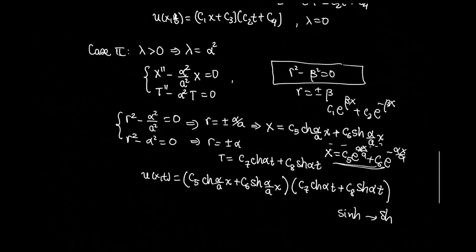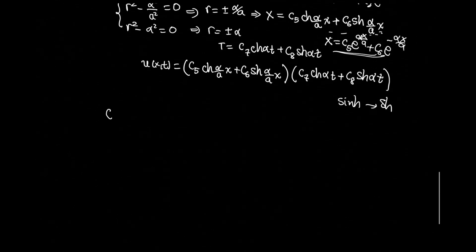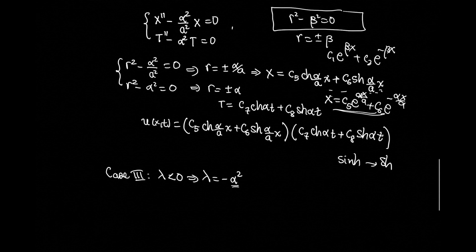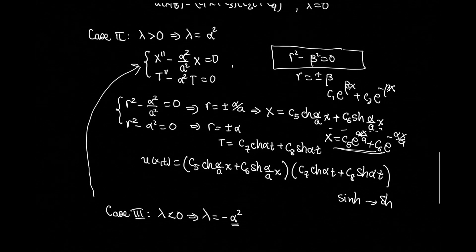Then for case 3, lambda is a negative number. I'm going to say lambda is a negative number because alpha squared is always positive, so I put minus on top. Then if I do that, it brings all the way to here, but then I have a positive sign instead.